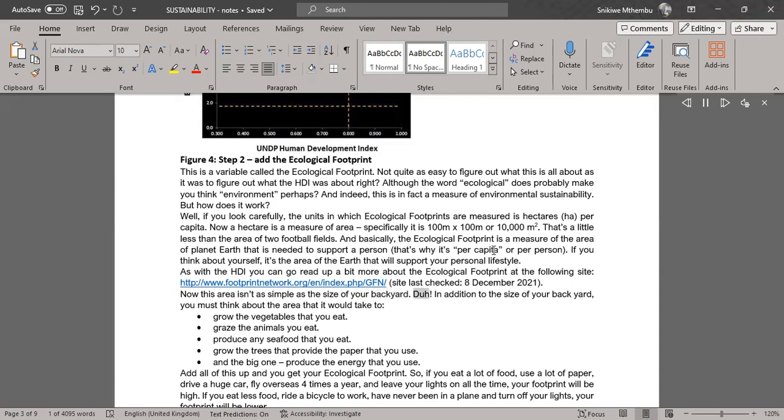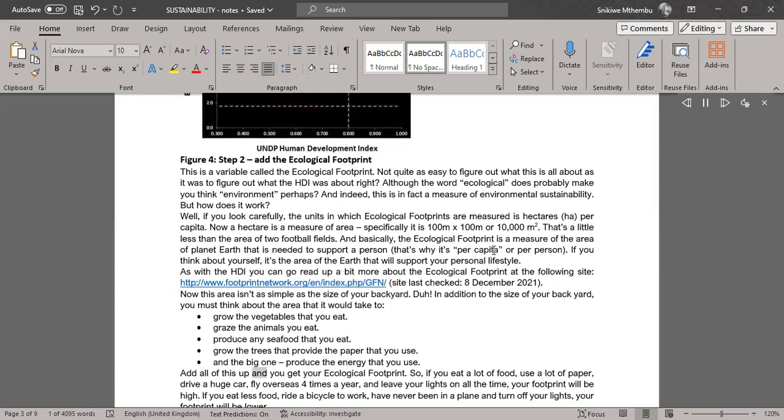Duh. In addition to the size of your backyard, you must think about the area that it would take to grow the vegetables that you eat, graze the animals you eat, produce any seafood that you eat, grow the trees that provide the paper that you use, and the big one, produce the energy that you use.